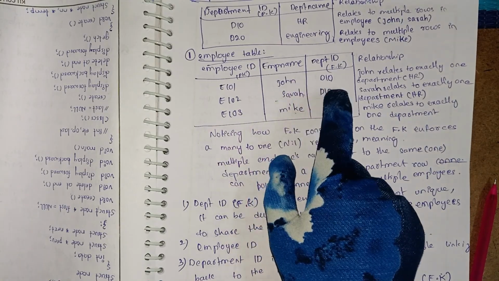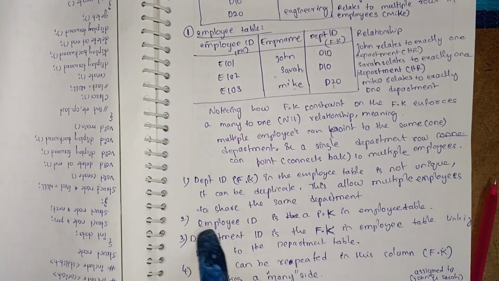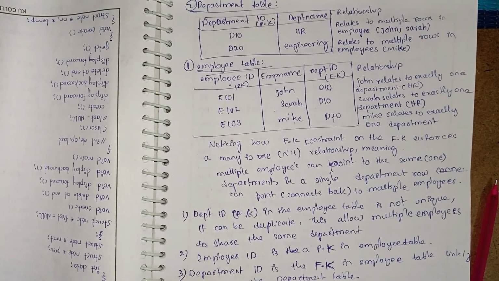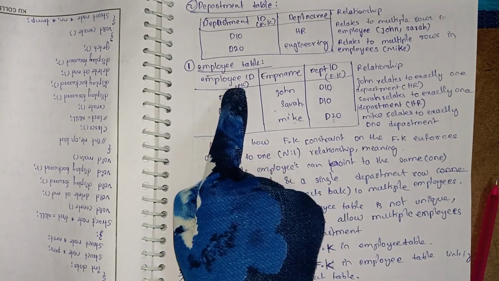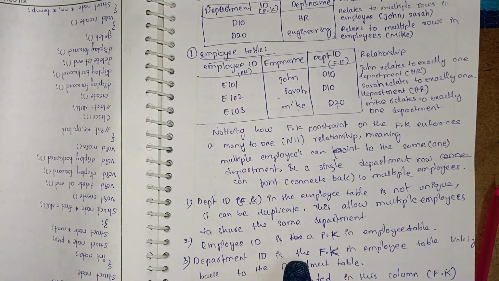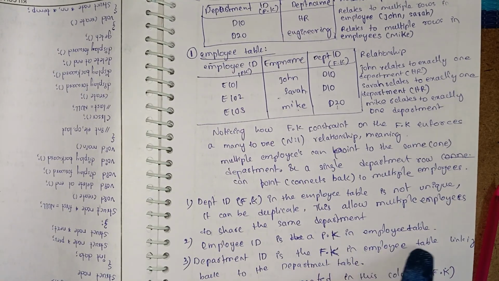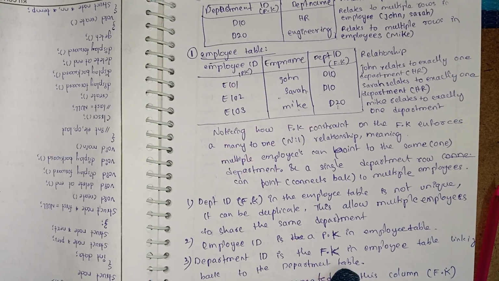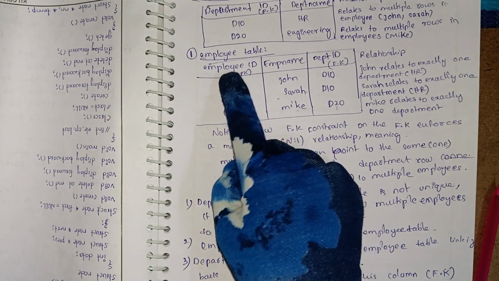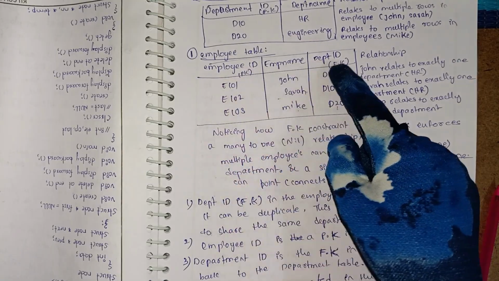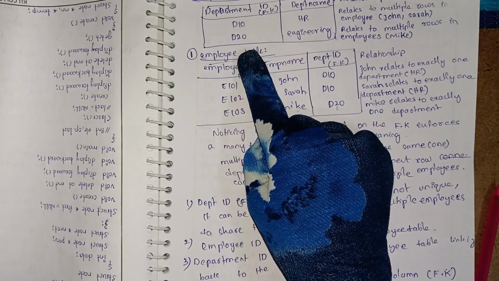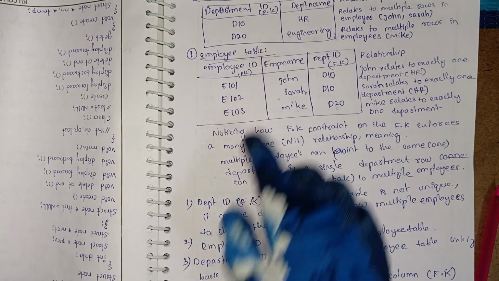Employee ID is the primary key in the employee table, and department ID is the foreign key in the employee table, linking back to the department table.